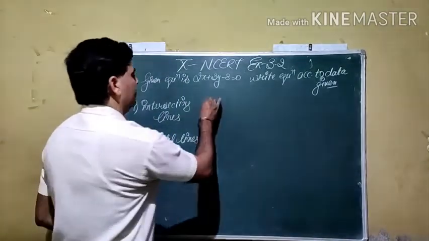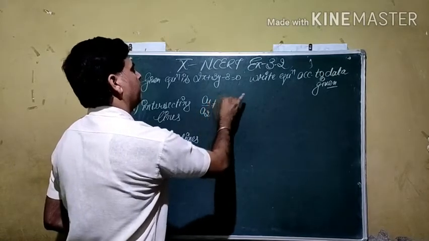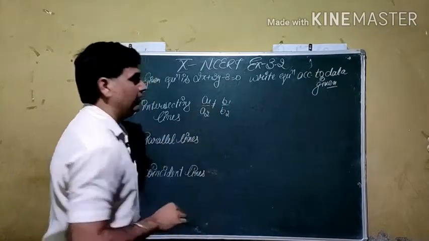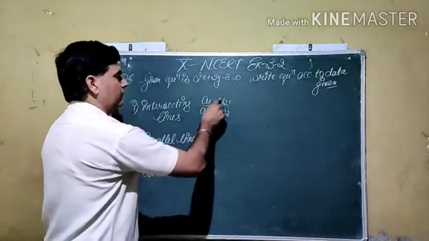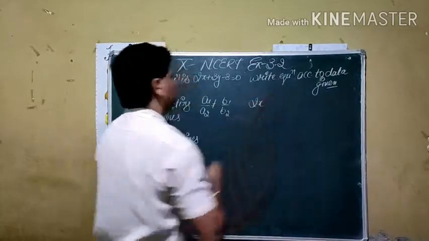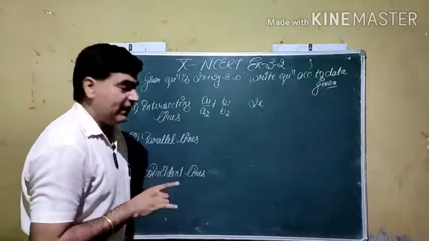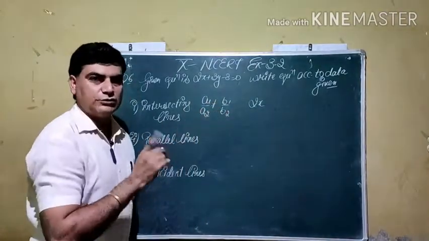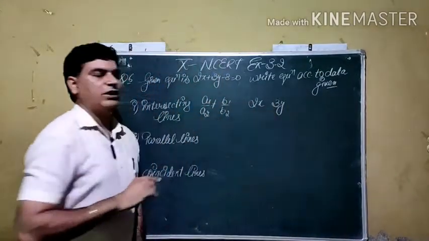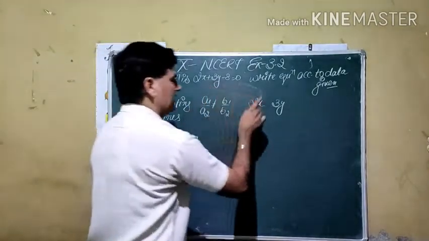As we know, lines are intersecting when A1 by A2 is not equal to B1 by B2, that is, the ratio of A is different from the ratio of B. If we take x remaining the same, the ratio comes out 1:1. The ratio of B should not be 1:1. If we take it as 3, it becomes 3 divided by 3, which is 1:1. If we use plus, they become the same.